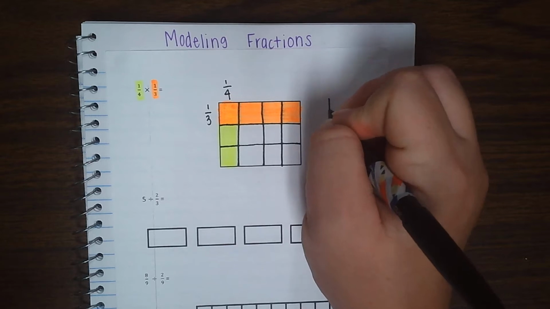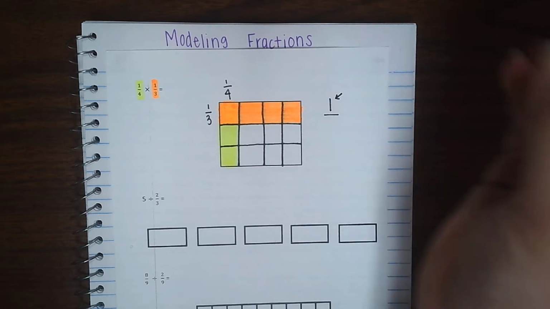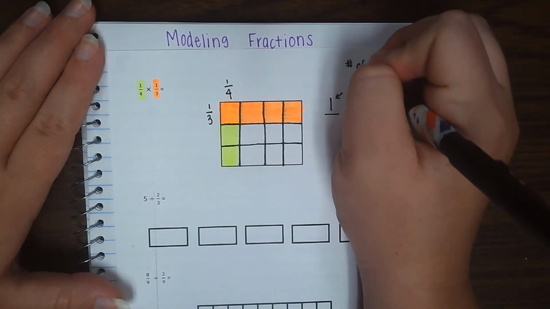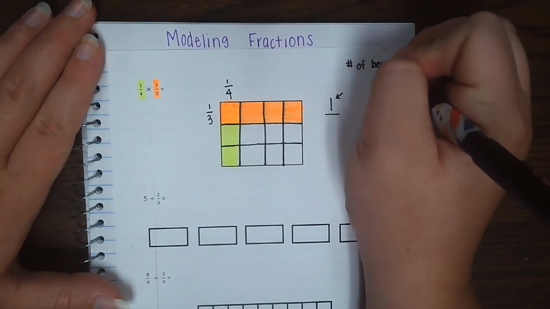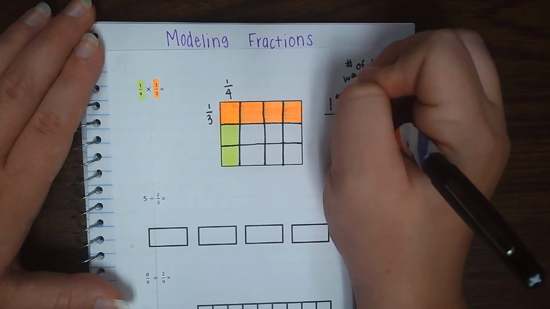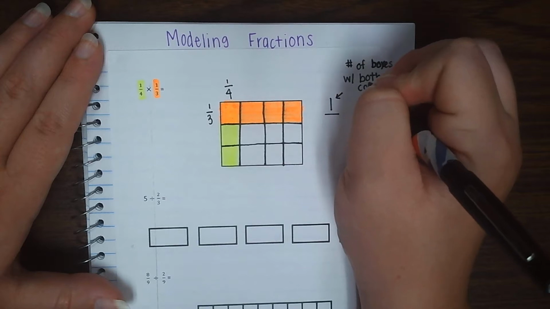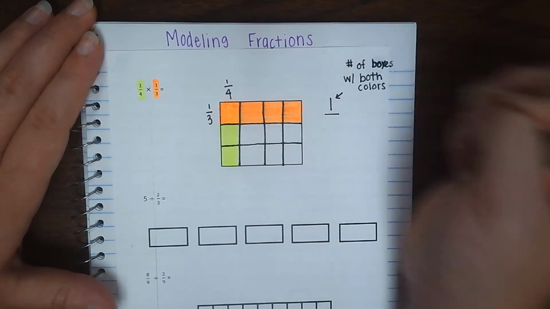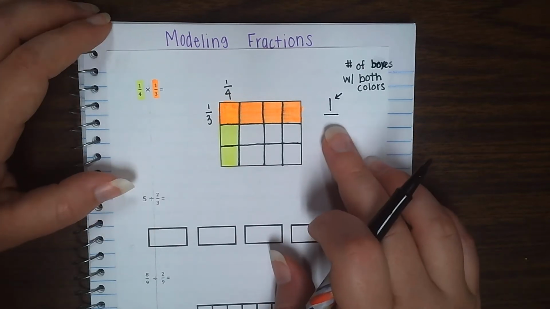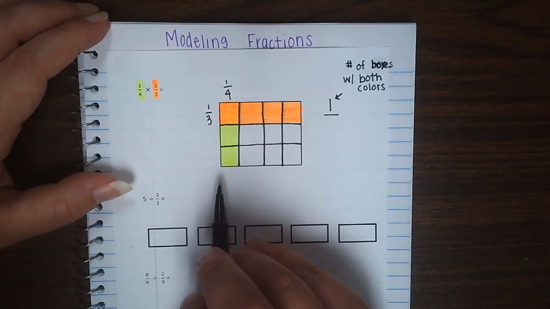So 1 over, so this 1 represents the number of boxes with both colors, and our bottom, our denominator, is the total number of boxes there are.